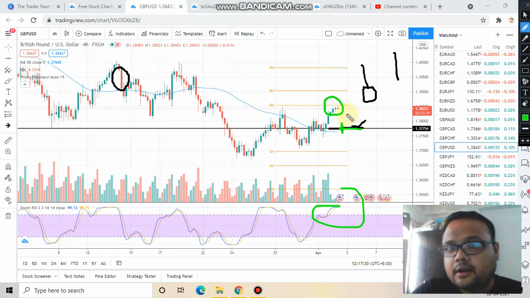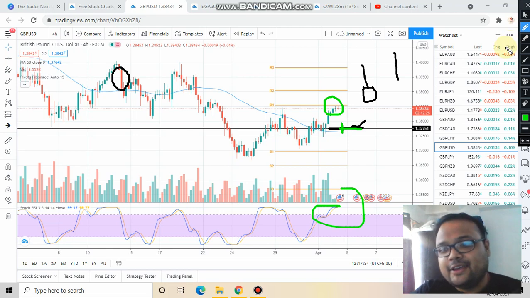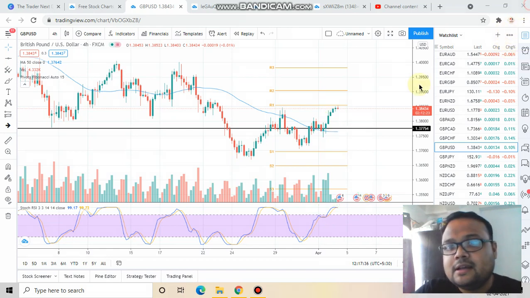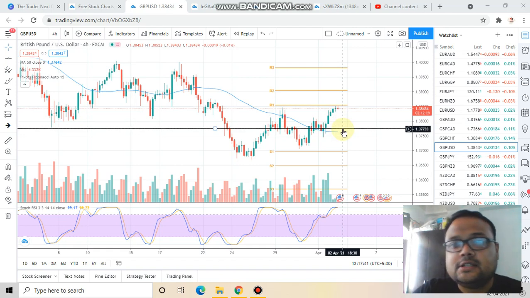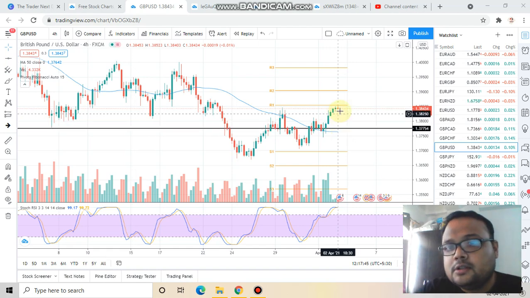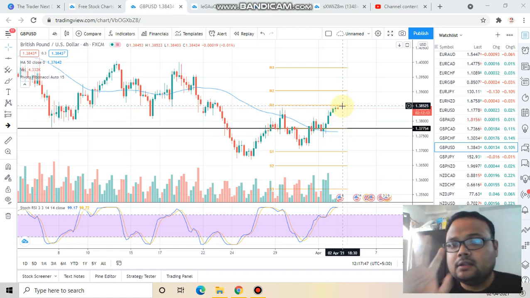And if you're a beginner and you want to make some safe profit, you want to stay safe on the market, then just exit from the market once market reaches this level, 1.3780. So just wait for another candle, one or two candles, just observe the price.